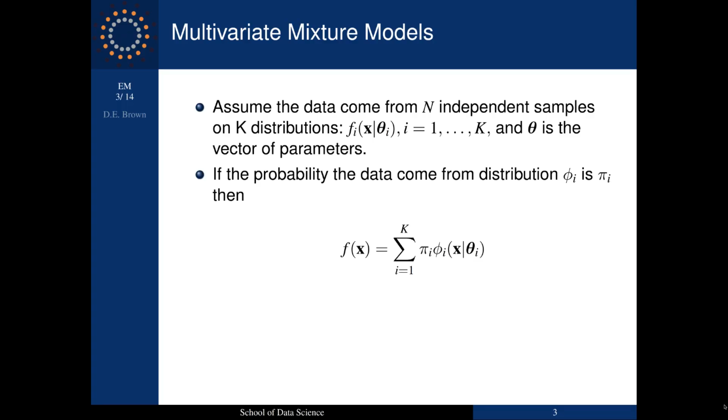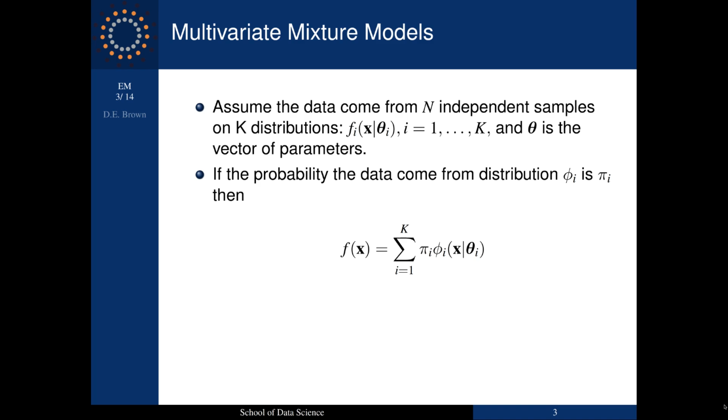The probability that the data come from a distribution, which we'll designate as phi, is one of our kernel densities, and in the problems we'll consider here, they'll be Gaussians.